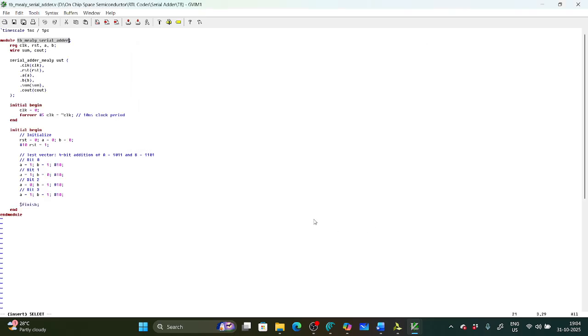If it is SystemVerilog, you need to save it with the .sv extension. UVM also you need to save with .sv only. So in TB I saved the test bench.